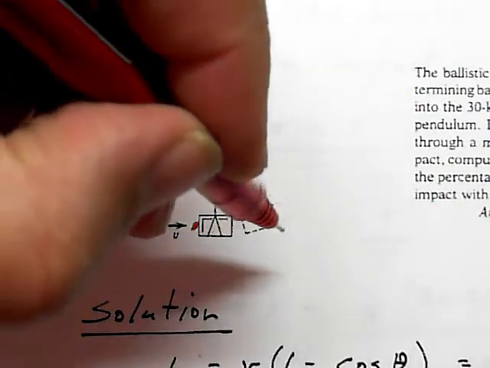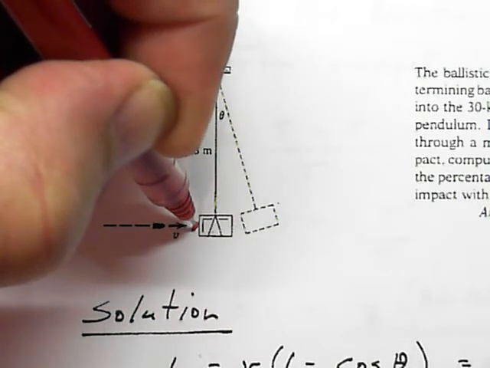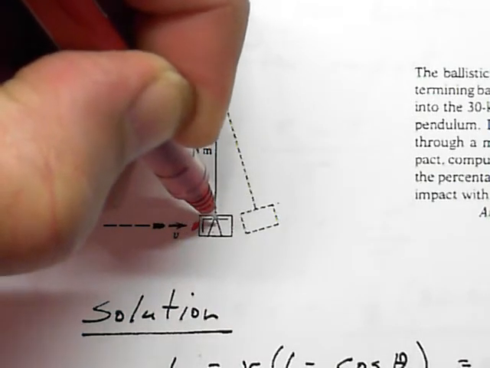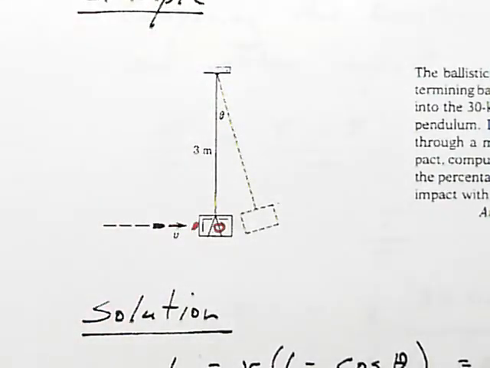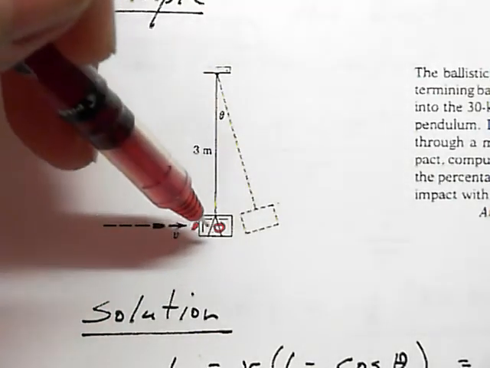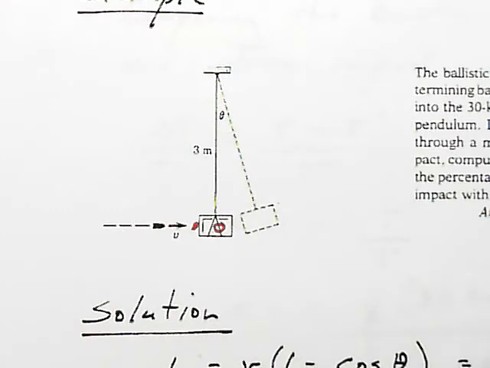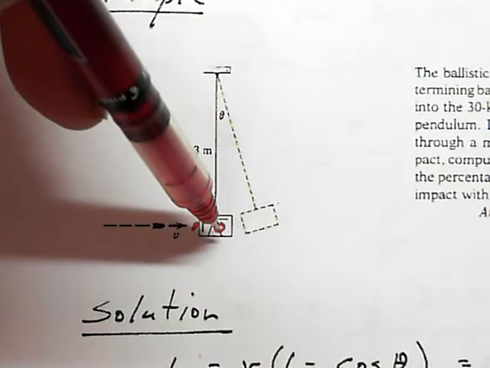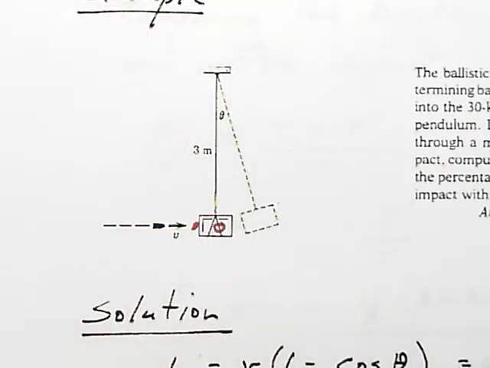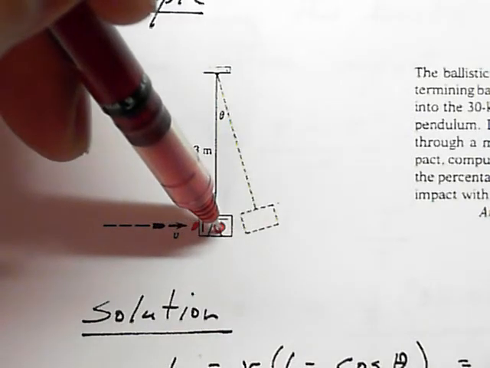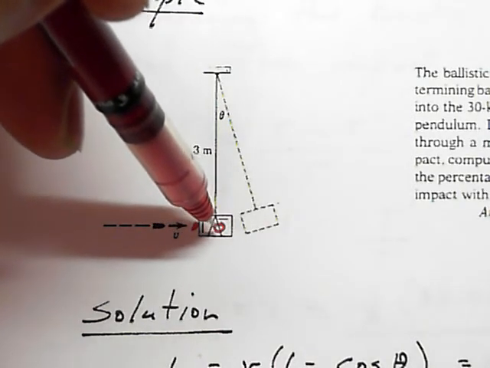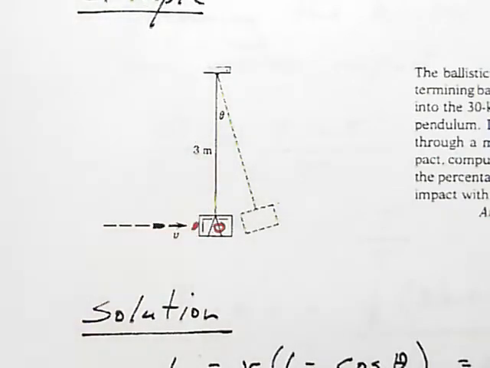Then the next stage is bullet travels into the box and embeds itself into the box somewhere. Now, what does it mean for the bullet to embed itself into the box? It means the bullet stops moving relative to the box, or the bullet and the box are moving at exactly the same speed. That process where the bullet buries itself into the box and achieves the same speed as the box, we're going to call an impact process.